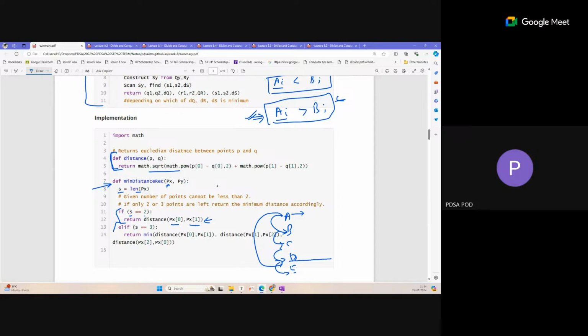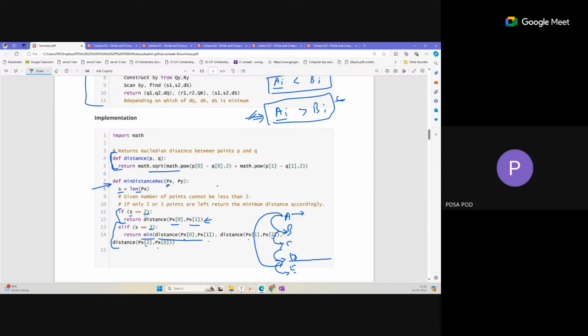Also, if we get three points, then we can also get the shortest distance directly. So this is the first call, P0 to P1, P1 to P2, and P0 to P2, and the minimum among all these. That means we are making the base case if our input length is 2 or 3. If our length is 1, that means no pair exists, so we can directly return 0 for that.